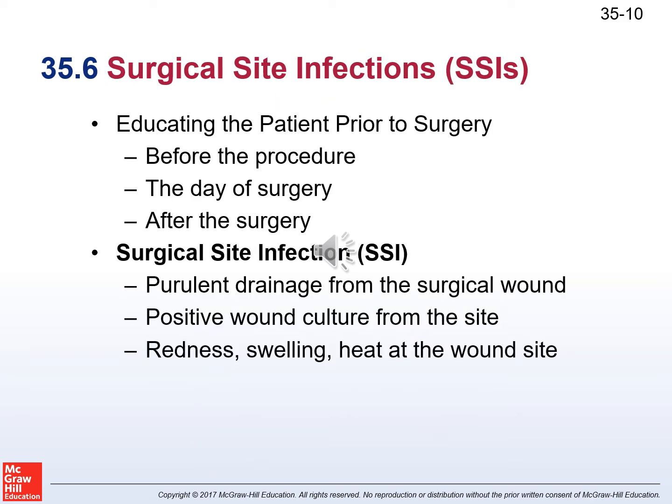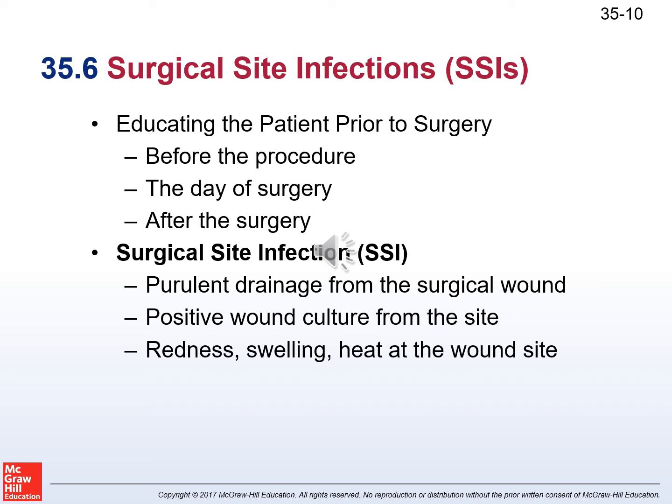In Learning Outcome 35.6, we're going to describe surgical site infections, or SSIs, and ways to prevent them. Patients should be given instructions in writing and verbally before a surgical procedure.